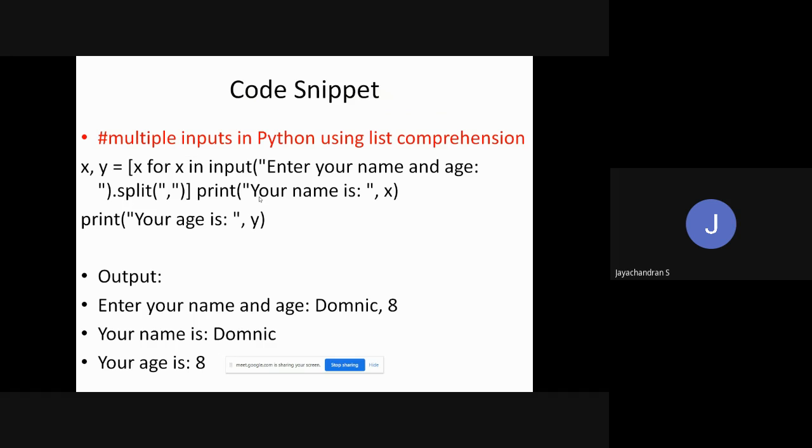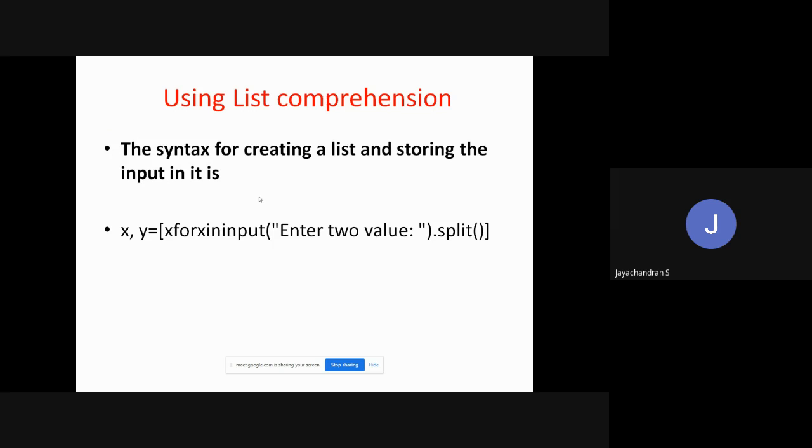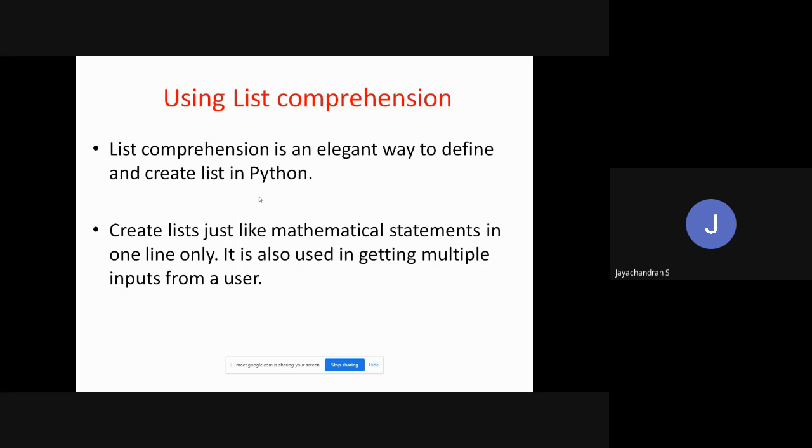For example, in a list, first biodata: you can take first your name, then age, then DOB, like that you are getting the data. So this is multiple data, so multiple inputs. That time you are going to use this list. List comprehension is an elegant way to define and create a list in Python.